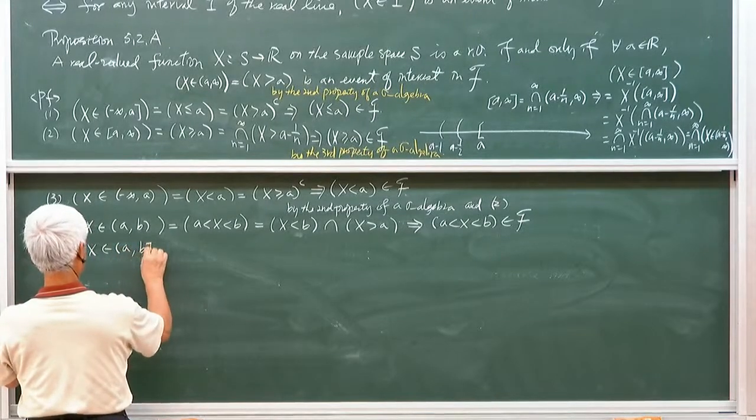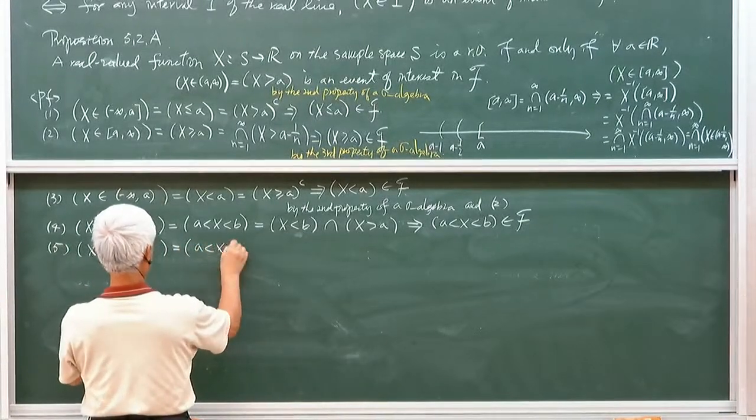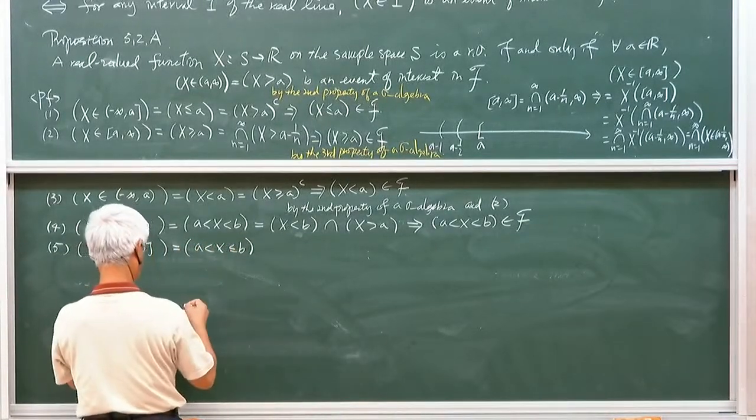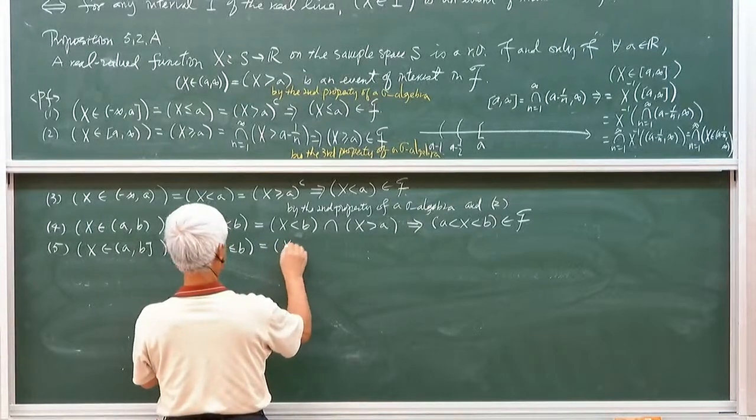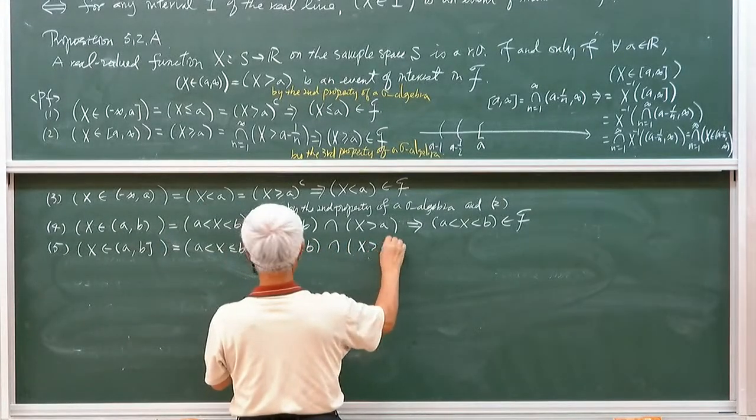A, half open, half close. So this is x less than b intersects x greater than a.